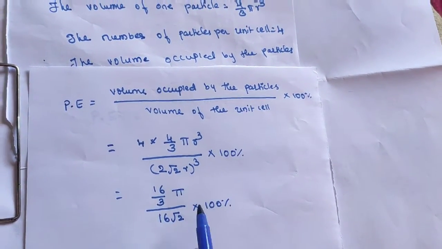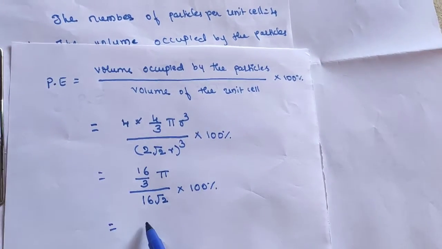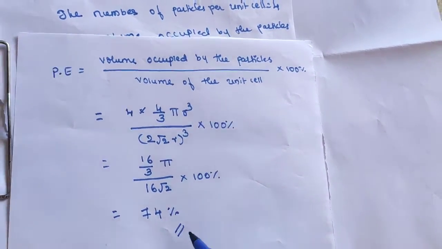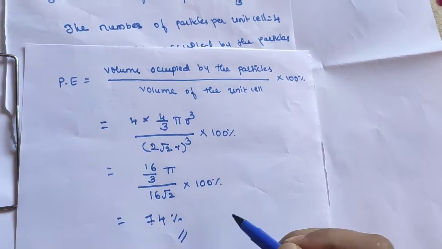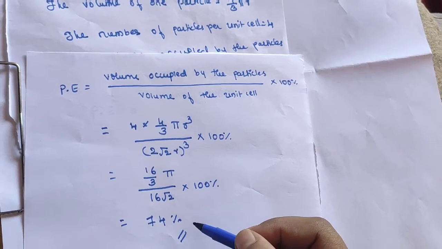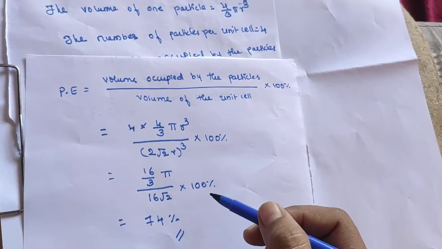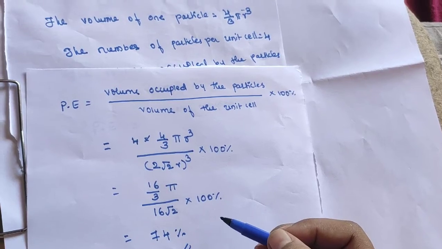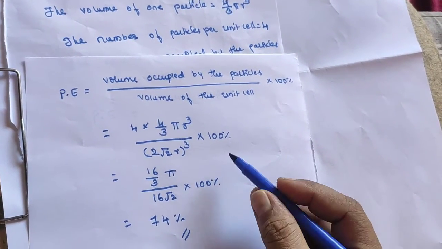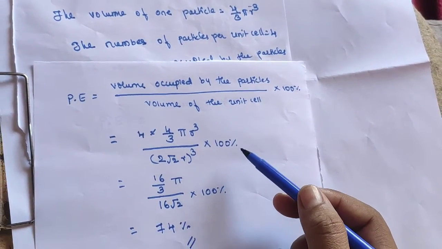We can simplify this and we will get 74%. So this is the percentage. Packing efficiency we can consider as 74% in the case of FCC. We can also represent it as HCP and CCP.